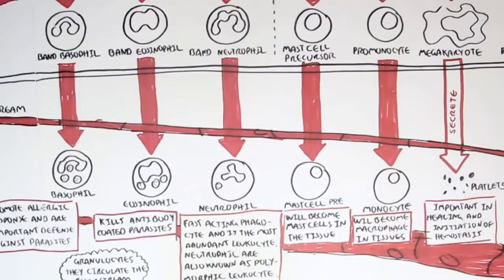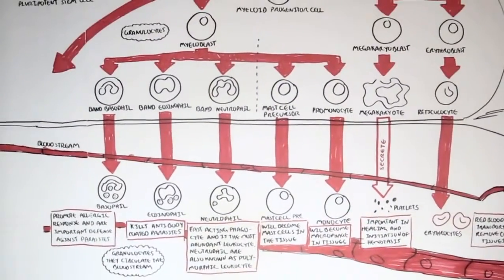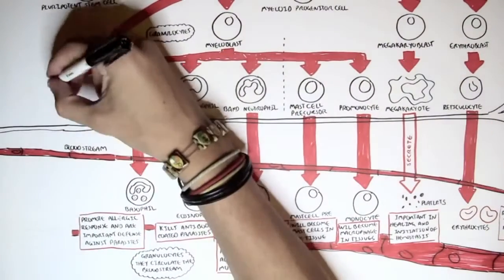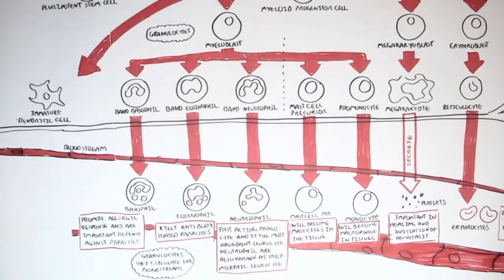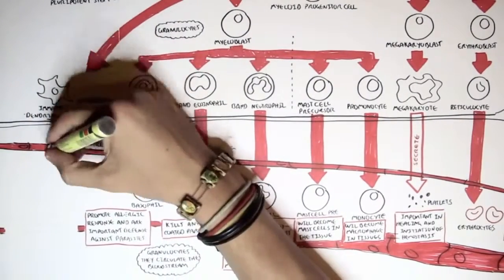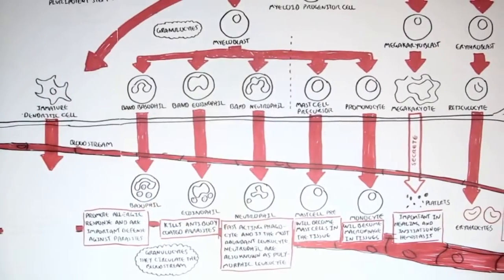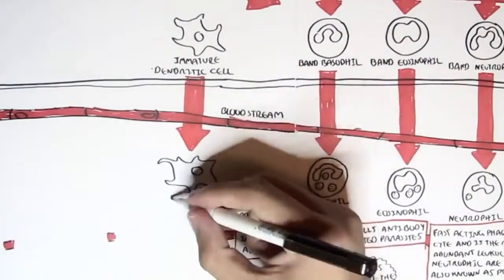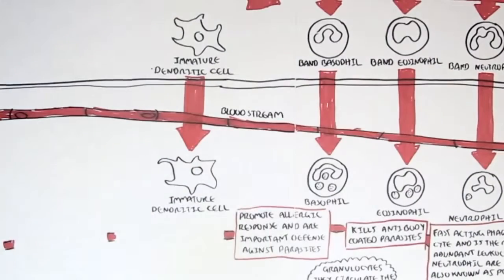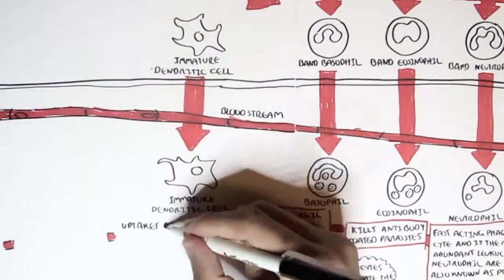Now finally, the myeloid progenitor cell can also give rise to immature dendritic cells. And immature dendritic cells, once they leave the bone marrow, will still be immature dendritic cells. A dendritic cell's role is important because it is the connection between the innate and the adaptive immune system.